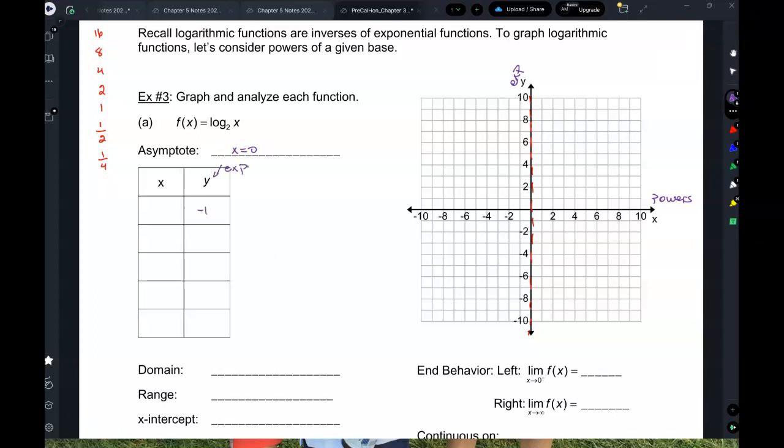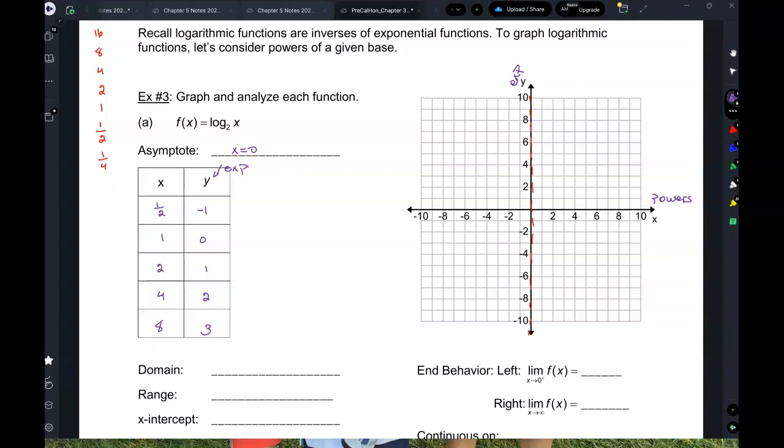My exponents are going to be -1, 0, 1, 2, and 3. And the powers of 2 are 1/2, 1, 2, 4, 8. Okay? Does that make sense to you guys? Everything is the same as we did before. It's just switched. 2 to the -1 is 1/2. 2 to the 0 is 1. 2 to the 1 is 2, right?